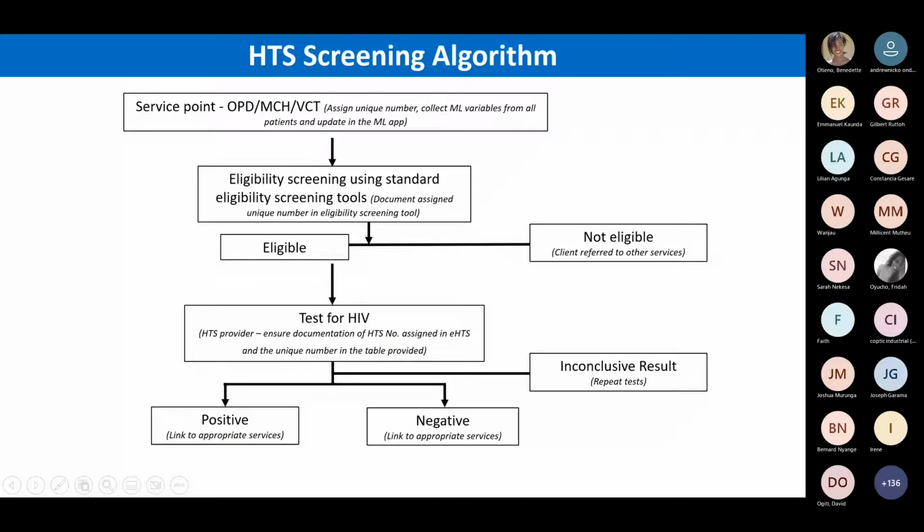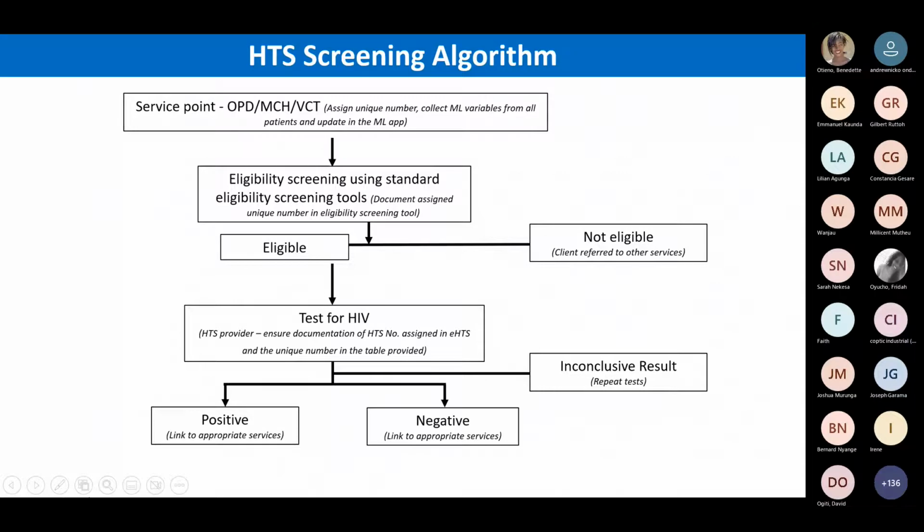So in reviewing the HTS screening algorithm at the facilities, to support ML screening as well, we came up with this particular phased approach. In this case, the client would present themselves at the OPD, MCH, or VCT service point, and then we would screen them using the standard tools.